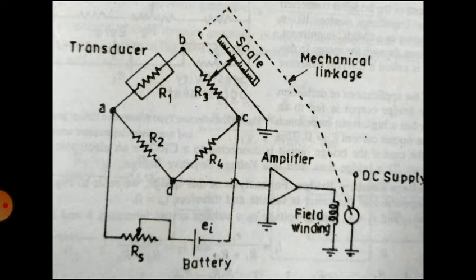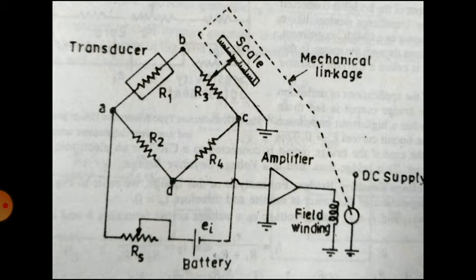So when there is a change in resistance R1, the bridge will be unbalanced. Now to balance the bridge, you have to vary the resistance R2, and by using the equation you can find out the value of R1.